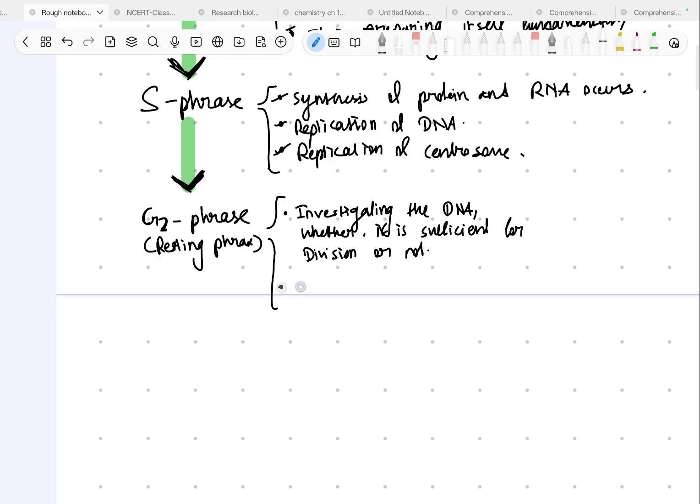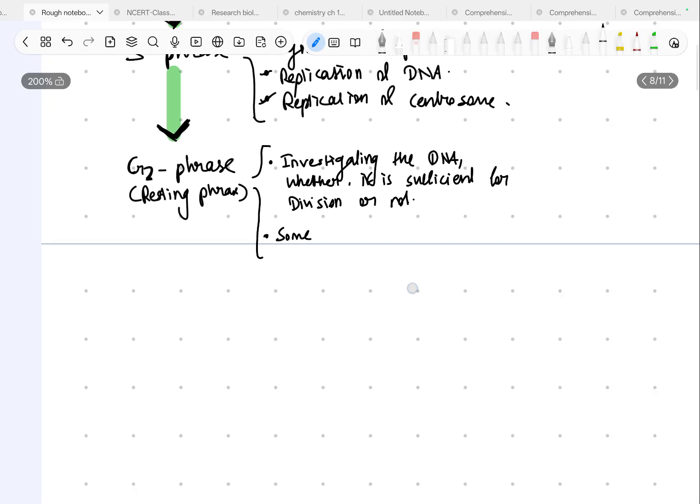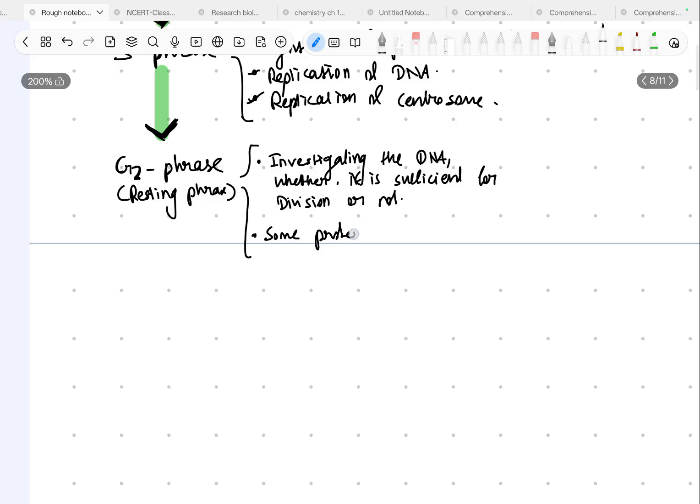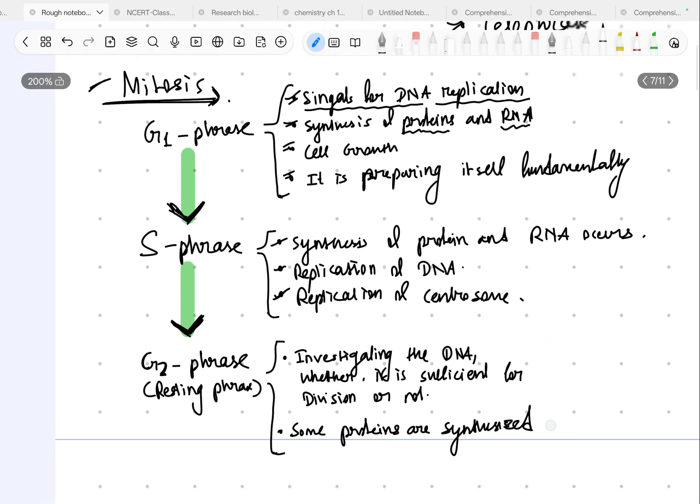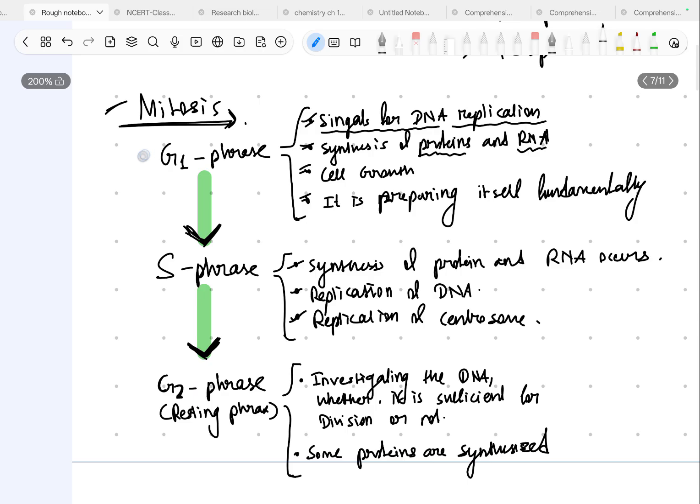And some proteins are synthesized here, not all, not most. So we have studied the G1 phase, S phase, and G2 phase.